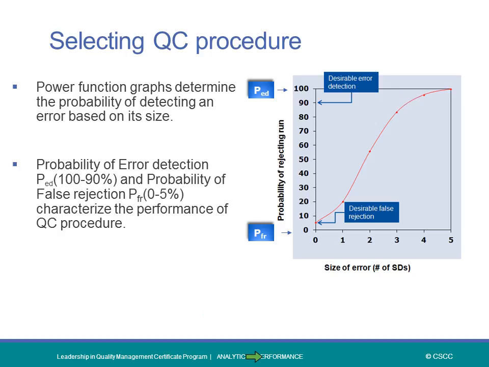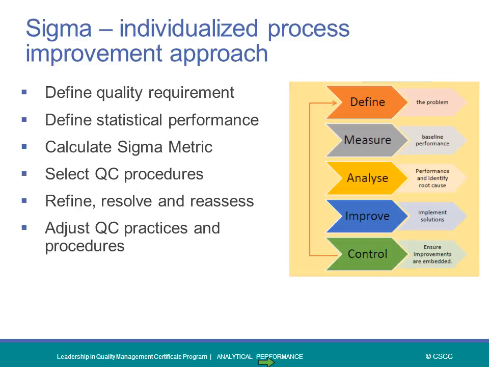As I pointed out before, sigma is actually part of a quality improvement process. It's not meant to be done in isolation. So once we've defined the quality metric based on the statistical performance of our method, and we've determined what the quality requirement would be based on quality specifications, we then use that to select QC procedures.